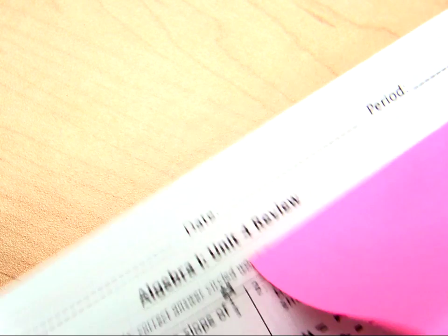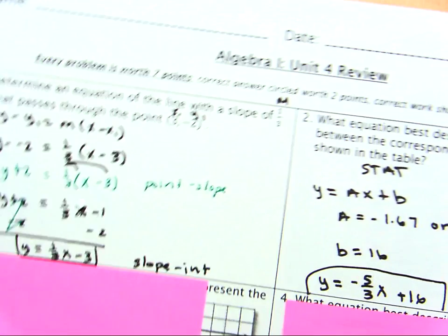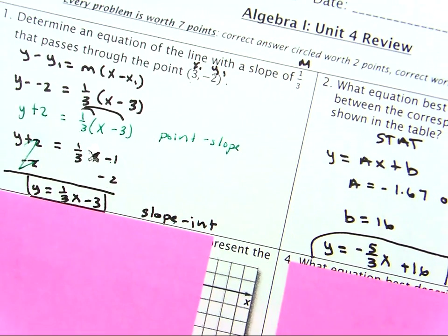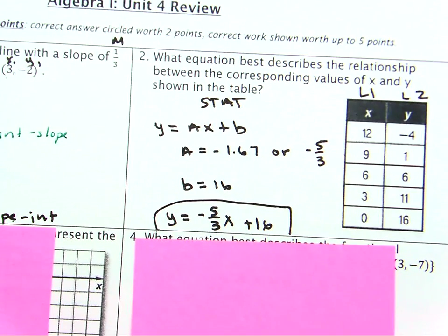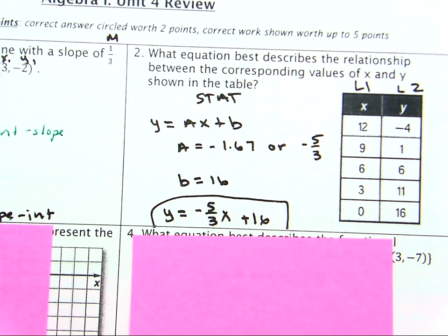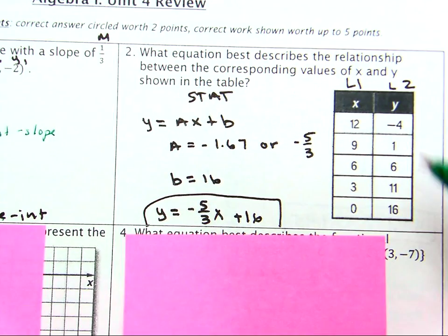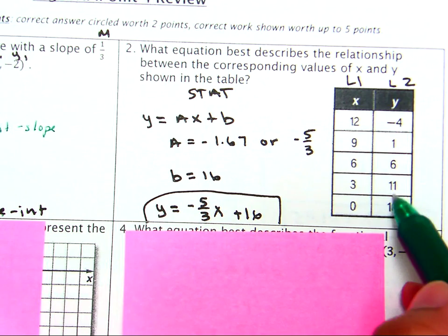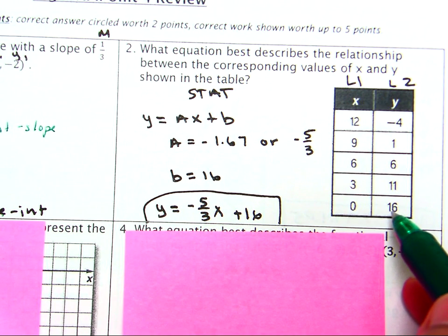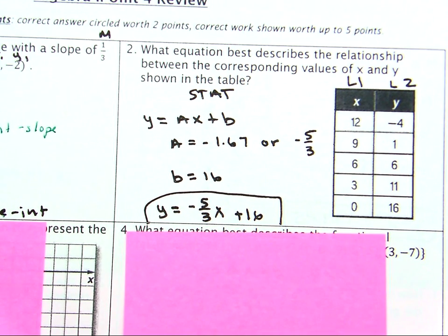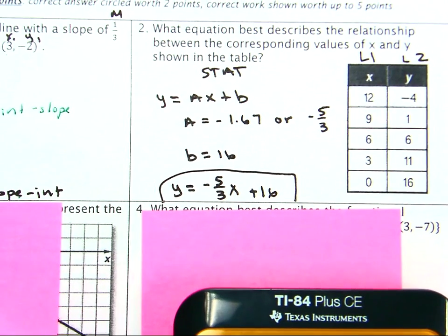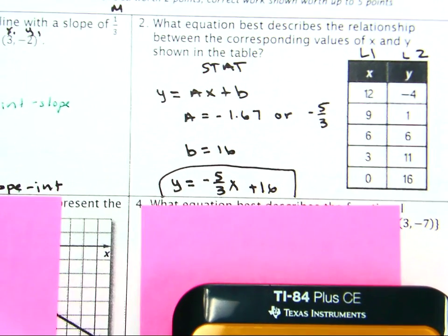Okay, number 2. This is a stat question. Remember, in stat, you do all of these in L1, all of these in L2. Sorry, I had to go get a calculator.